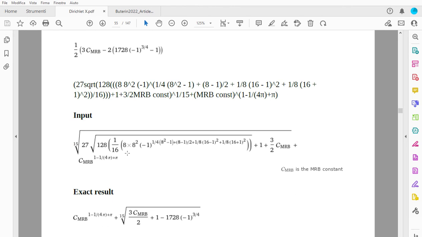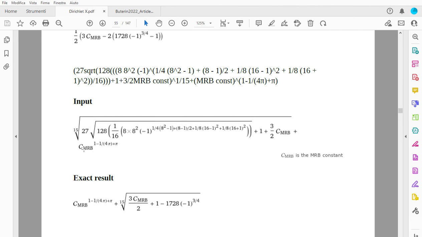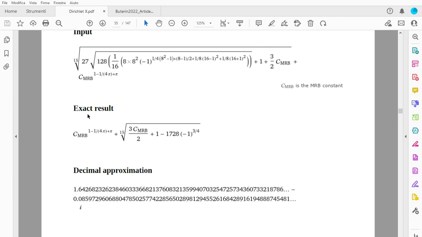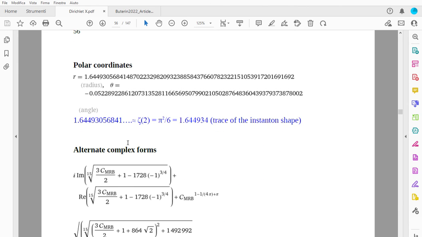and in conclusion, performing the 15th root of 1729, and after some easy calculation where we observe also the MRB constant that we utilize as regularizer, then the exact result is a value very near to zeta(2), that is pi squared divided by 6.